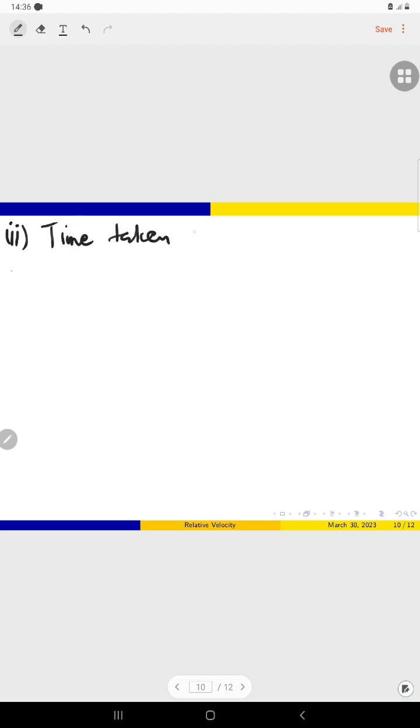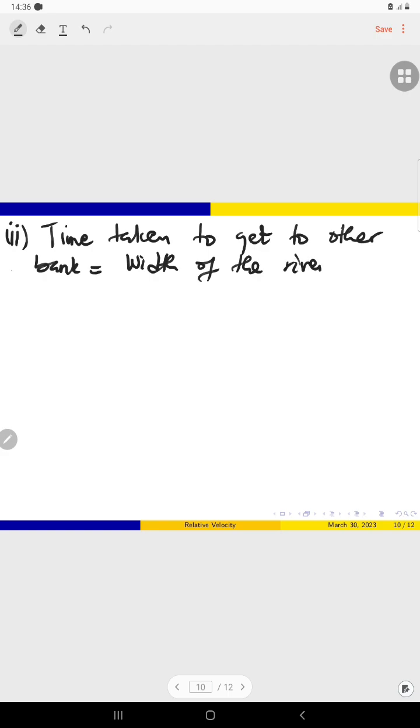Okay. So the time taken to get to the other bank, as we said, is the width of the river over the resultant velocity. And the resultant velocity is our VC.